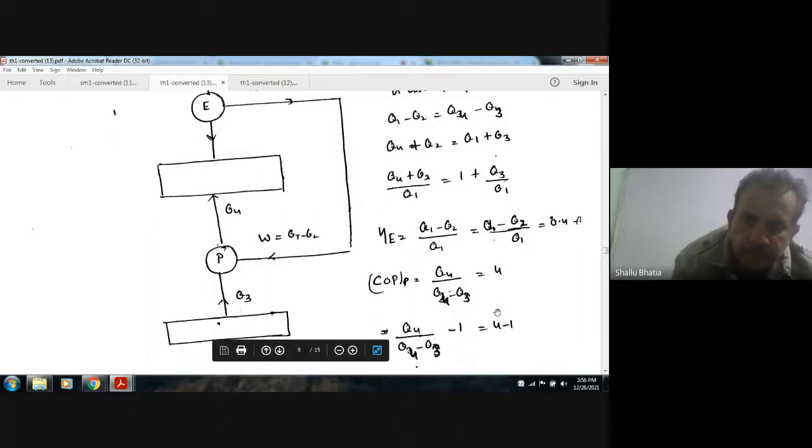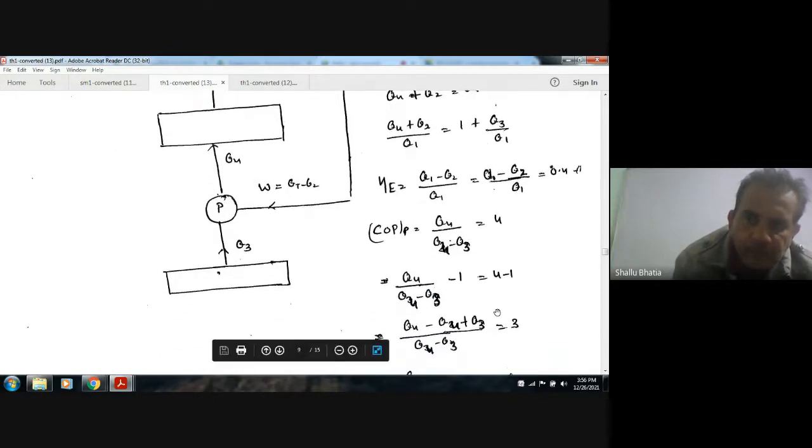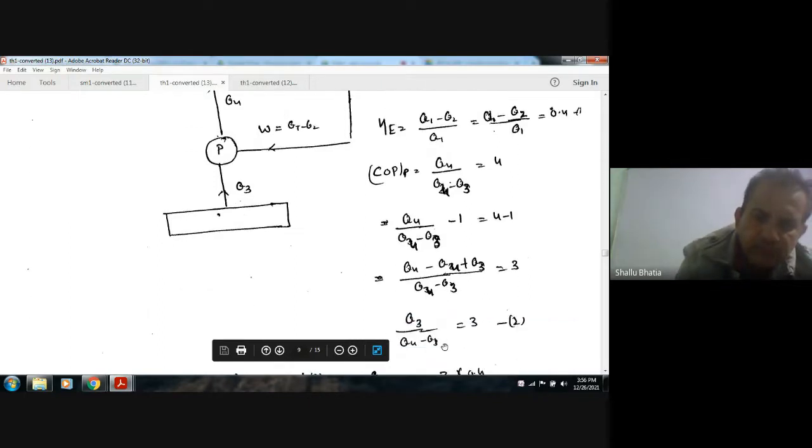Now if we subtract 1 from both sides, here it will be 3, and here it will be Q3 by (Q4 minus Q3) is equal to 3.